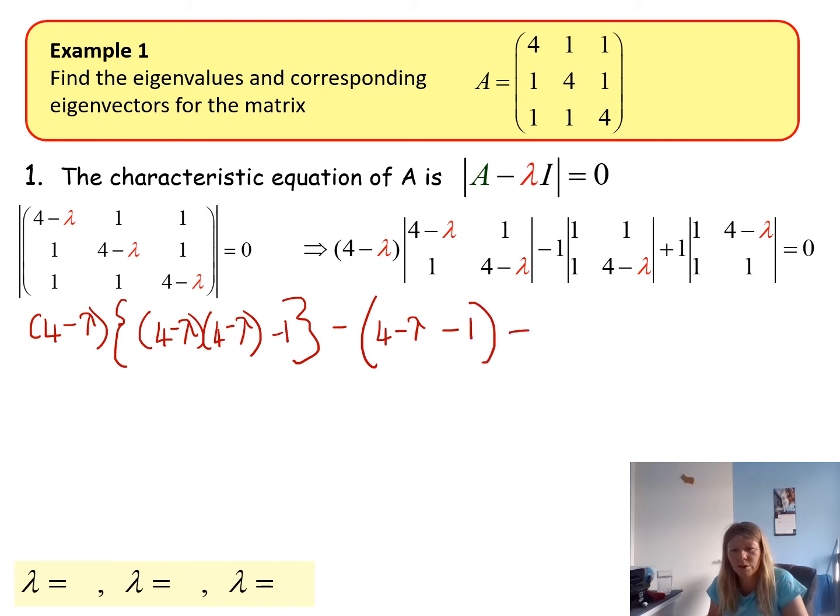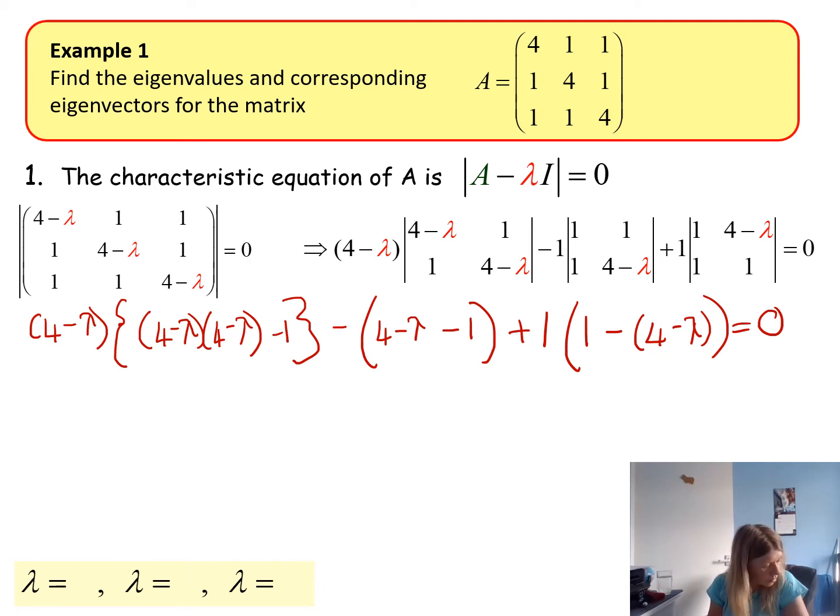And this one, plus, and this one's a 1. So it's 1 take 4 take lambda. Right, can we make that look any prettier?